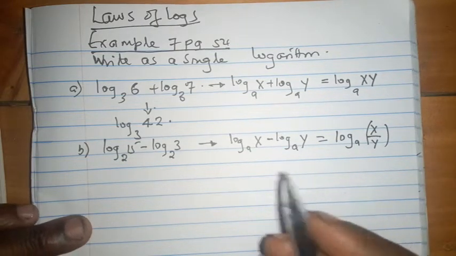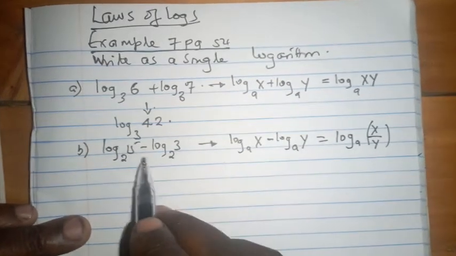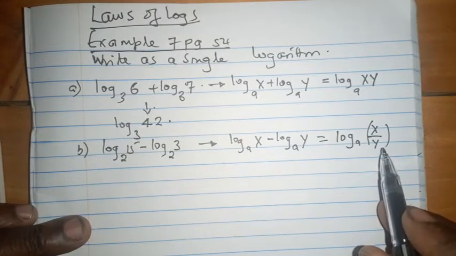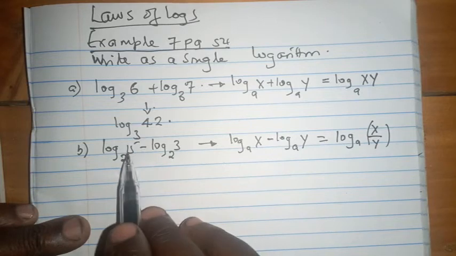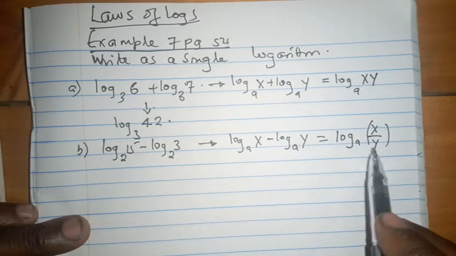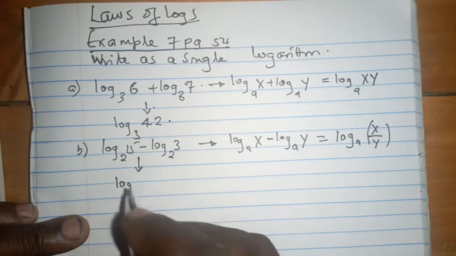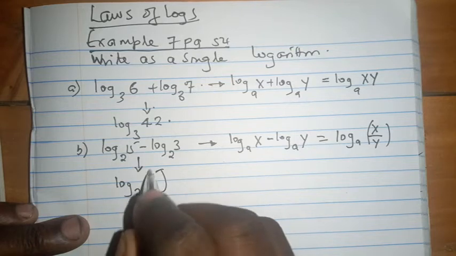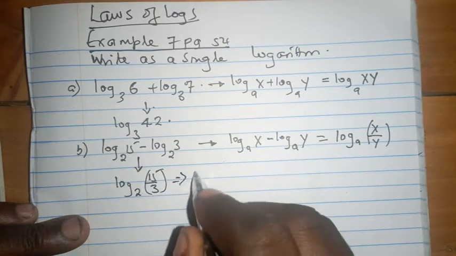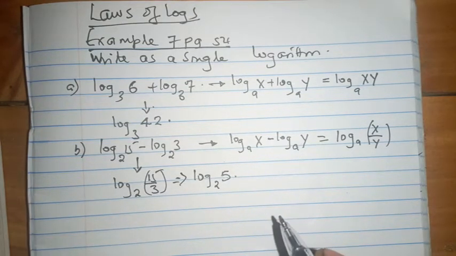What we have here is in this format, so we are required to write it in this format. We need log to the same base of the first term, which is 15, divided by the second term. So this simply becomes log to base 2 of 15 over 3, which is eventually log to base 2 of 5. It's as simple as that.